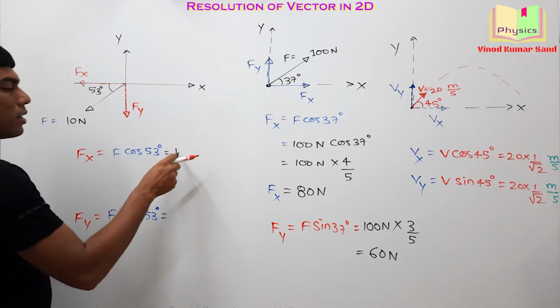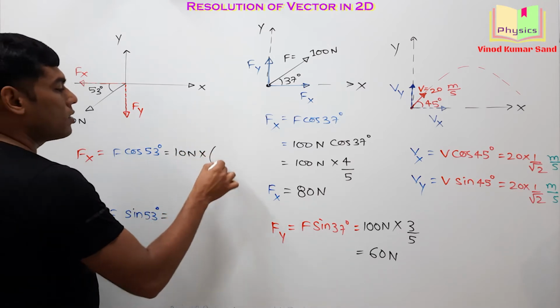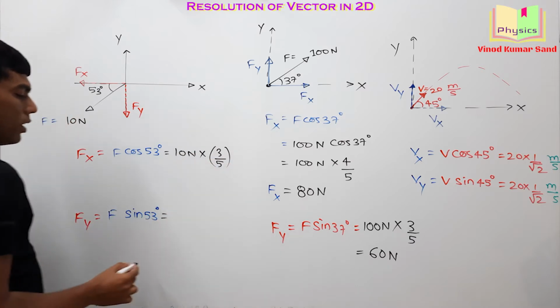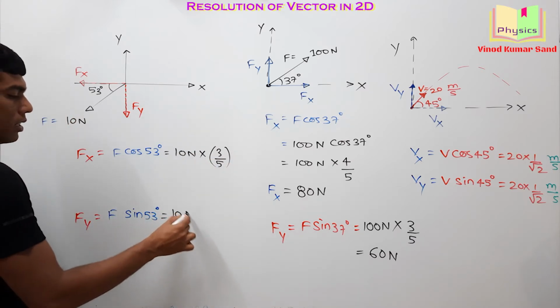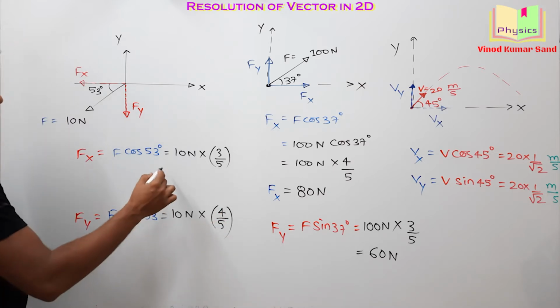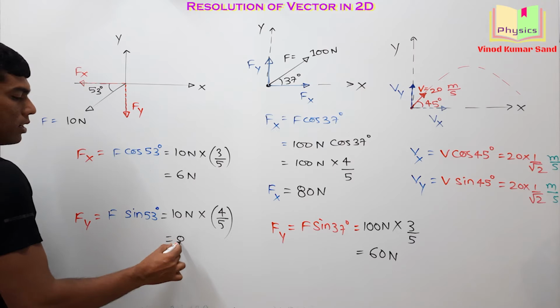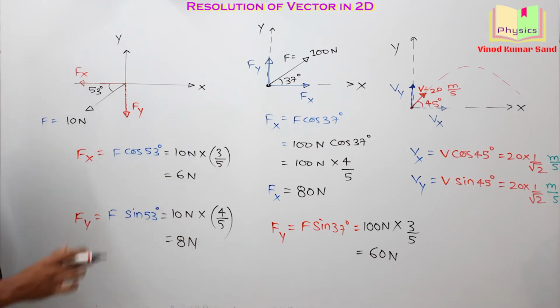F is given as 10 Newton. How much is cos 53 degrees? It is 3 by 5. And this is 10 Newton into 4 by 5. Let us simplify this here. 6 Newton and 8 Newton. Okay.